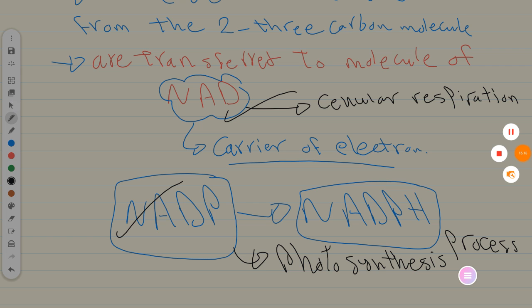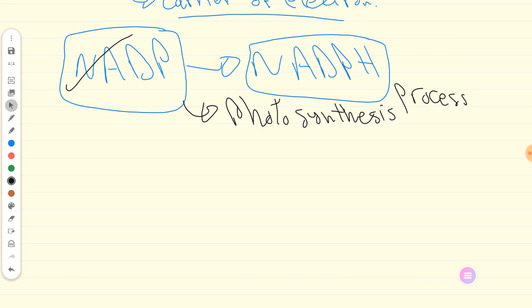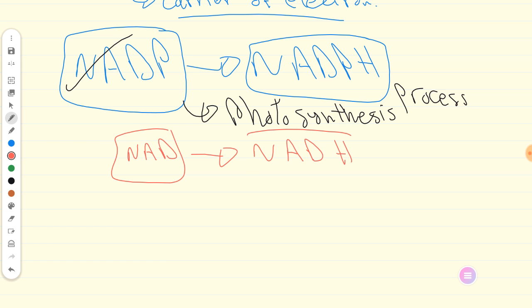Okay, so after the electrons are energized, they transfer to the carrier of electrons called NAD, and this NAD after carrying the electrons changes into NADH. So H means this molecule already carries electrons.